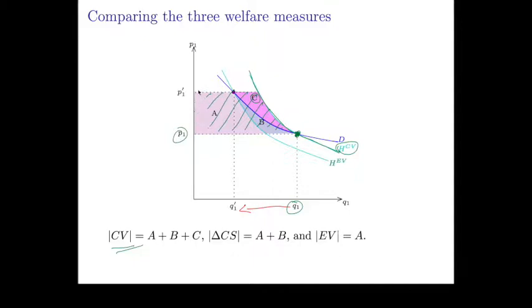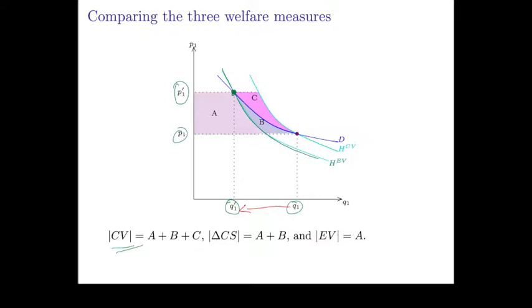Finally, for the equivalent variation, by similar reasoning, we're fixing the reference utility to be the utility at the bundle Q1 prime, Q2 prime, the utility that they get after the price increases to P1 prime. So the Hicksian demand at that utility level is going to cross this point right here.